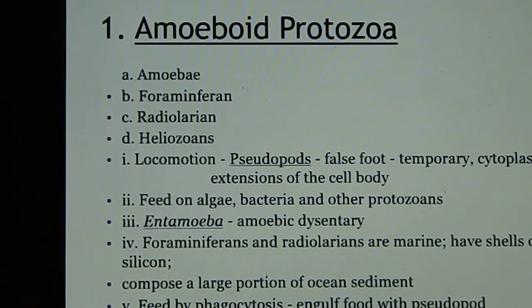Some of them just feed on algae or other protozoa or things like that, but some are parasitic, one of which is called Entamoeba histolytica, to be specific. And this is the causative agent of amoebic dysentery. We are blessed in the United States to have our water and wastewater processed.